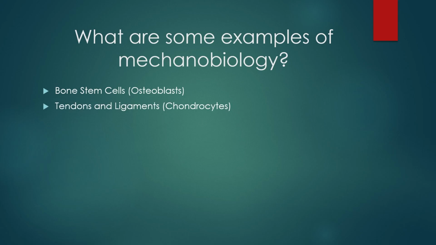Other cells that we care about, chondrocytes, the cells that make your tendons and ligaments. How do tendons and ligaments repair? How do they affect load bearing? Additionally, how can we make them heal better? Sports medicine and mechanobiology are really coming together because tendons and ligaments are really devoid of any sort of blood vessels.